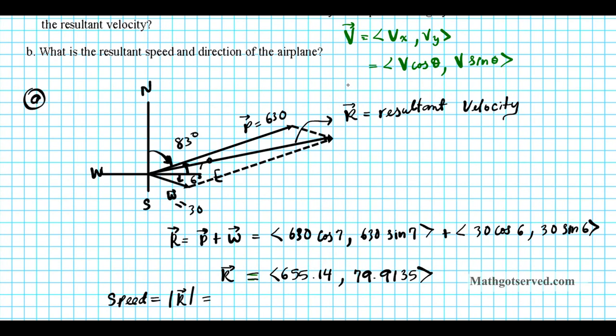The magnitude of a vector is what you get when you apply the Pythagorean theorem to the components. So it's going to be the square root of the sum of the squares of the components: the x component squared plus the y component squared. If you take the square root of that result, that gives you the magnitude of the vector.